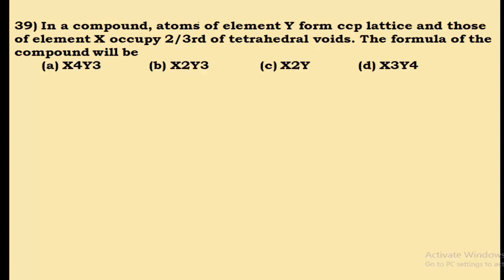39th, in a compound, atoms of element Y form CCP lattice and those of element X occupy 2/3 of tetrahedral voids. The formula of the compound will be, so you must know how many atoms are present in CCP and in other structures, and how the tetrahedral voids and octahedral voids are formed.